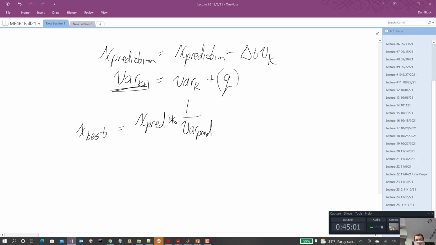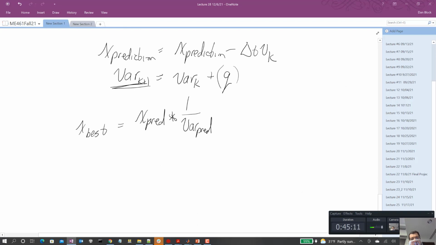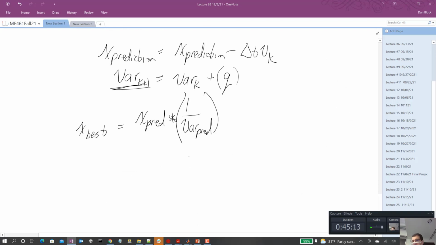Agree with that? That's what we were doing right here. We were taking our where-we-think-we-are prediction and multiplying that by the trust, which is 1 over the variance, plus our x sensor, ultrasonic or whatever, times its trust, 1 over the variance of the sensor.